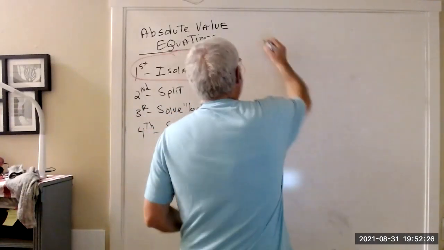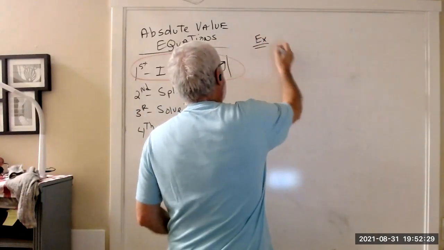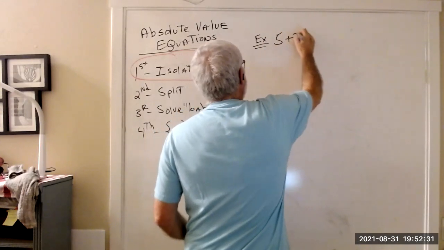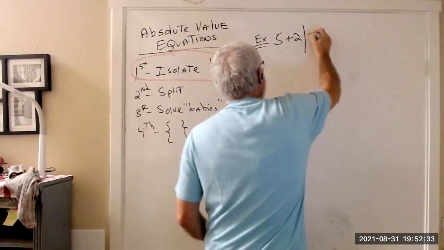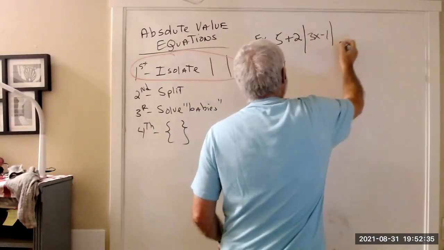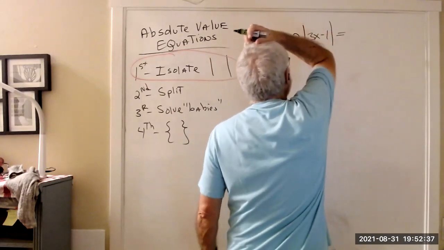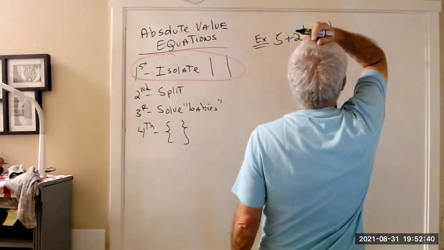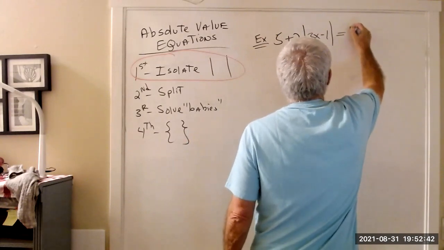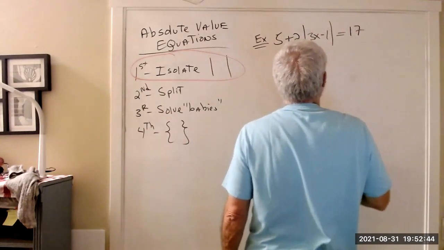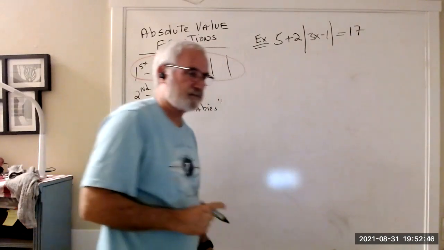So what if I had, and I'm going to walk you through this one, 5 + 2|3x - 1| = 17. I'm going to walk you through this.